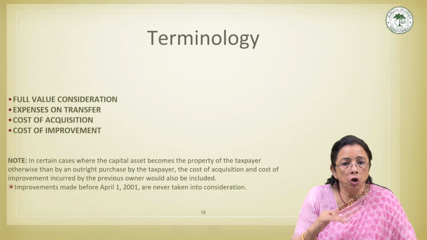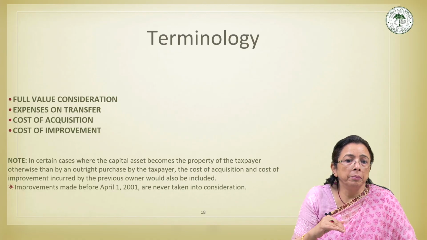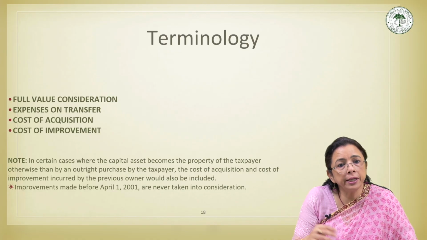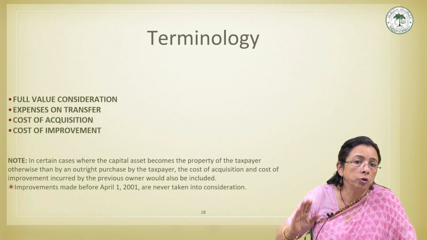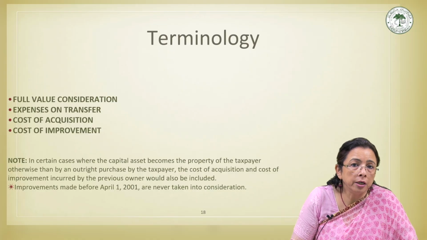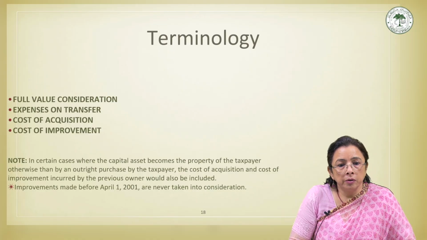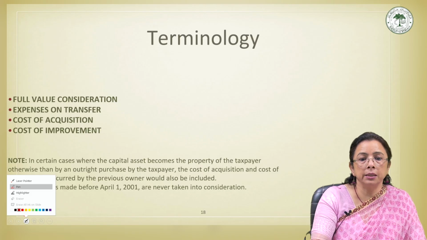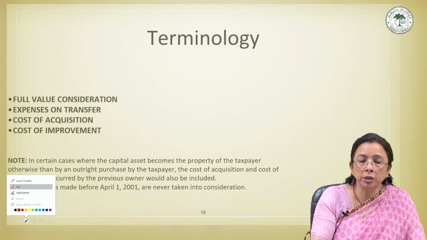As said, the cost of improvement is the improvement made by both, including the previous owner as well as the current owner, but remember, only improvements made after 2001 will be included, not before that. Okay. So put it here, and it applies to both, long term as well as short term.